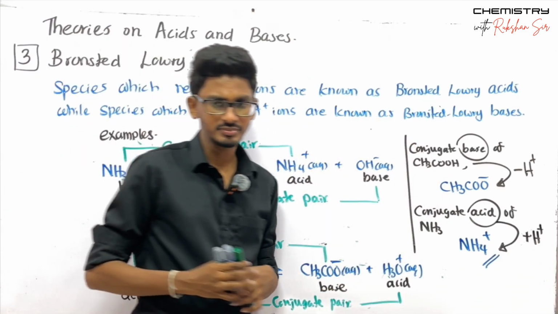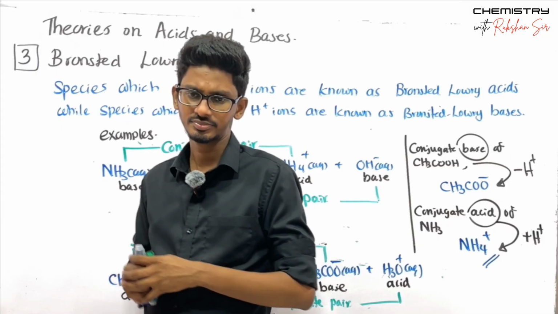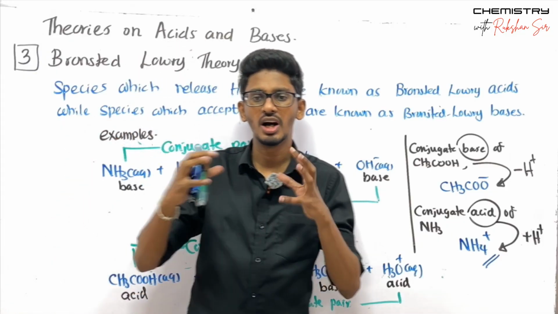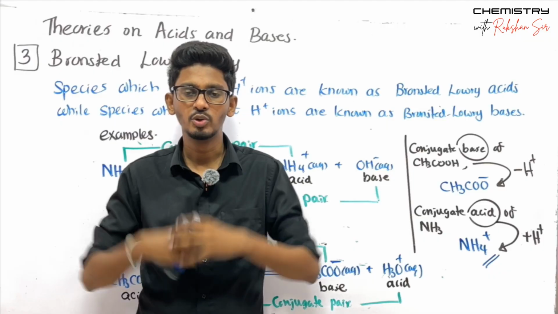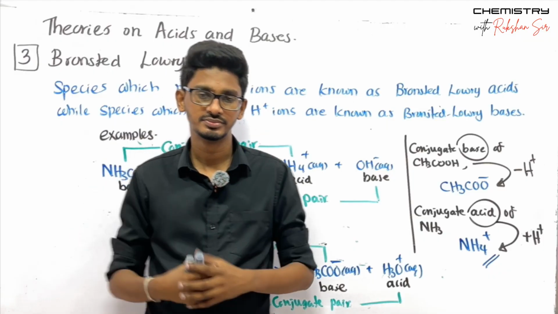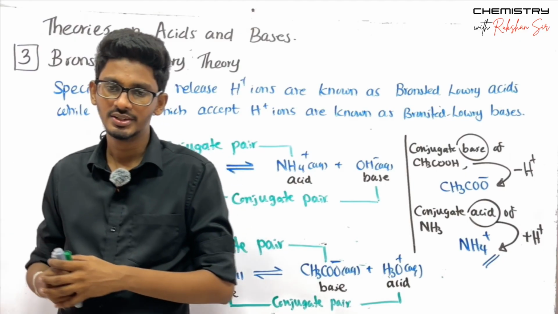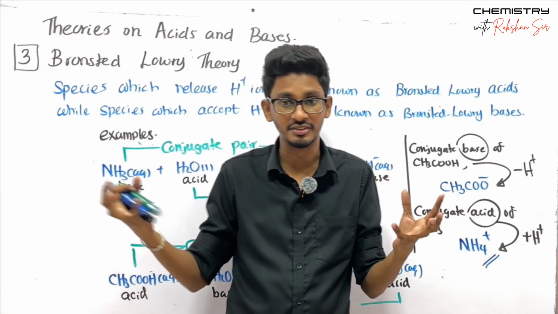Right? Acids are the ones with more H pluses. That is why they are keen to release H pluses. If you have more H pluses, you are more keen to release them. If you have some excess, you are keen to release them. That is why acids release H pluses. That is what acids do, no?